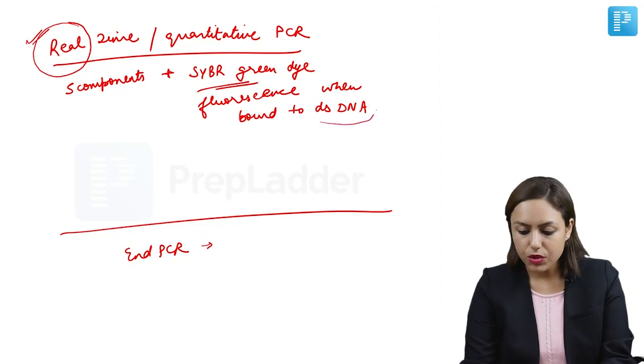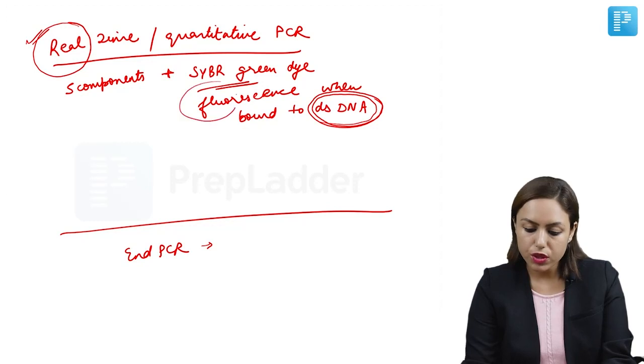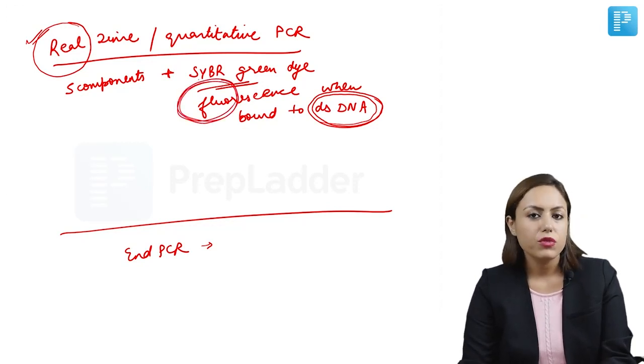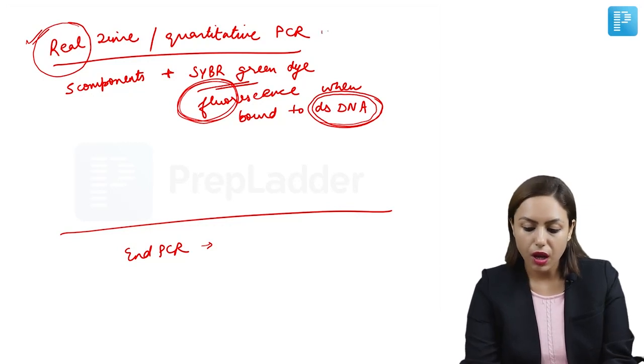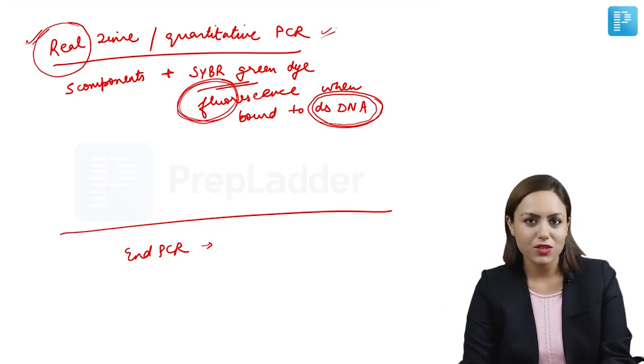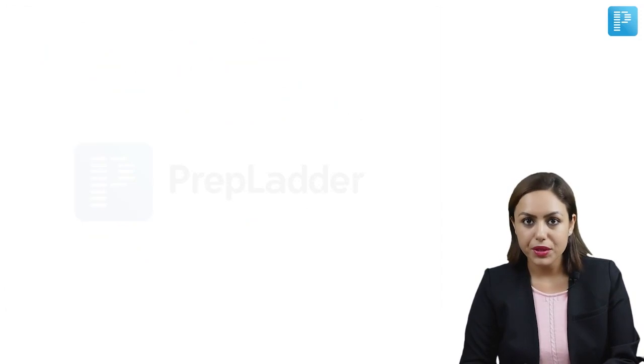So, as double-stranded DNA is getting amplified and increasing, the fluorescence is also increasing, which can be detected, and the quantity of DNA can be measured by the machine, and it displays on the machine how much DNA is synthesized, right? So this was real-time PCR.